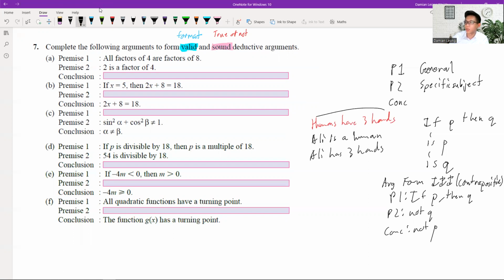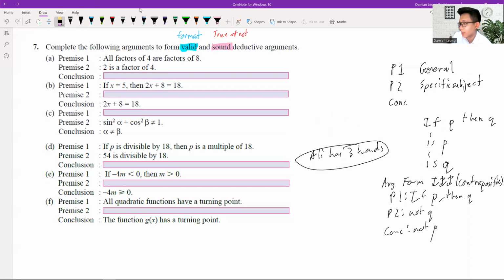Doesn't make sense, so this is false. This is also false. So it's not a sound argument. However, it's still a valid argument because the format is correct. I'm arguing in the correct way. It's just that the facts that I present are false.